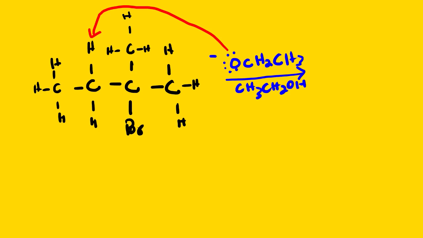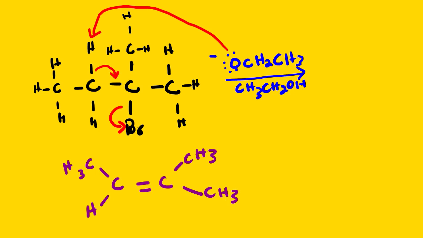And this will give the major product according to Zaitsev, which is the most substituted, as this leaves, and then the double bond will be formed here. Then our product will be this one.